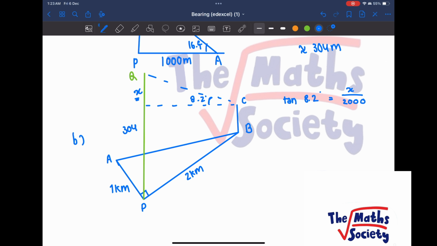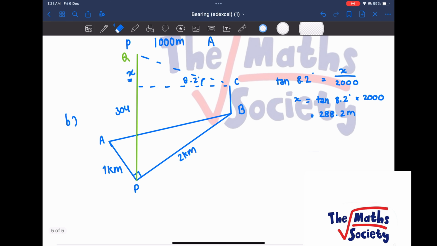So X is going to be tangent 8.2 multiplied by 2,000, and that's going to give you an answer of 288.2 meters. And we know we want BC. So that's 304 minus 288.2, and that will give you an answer of 15.79 meters.